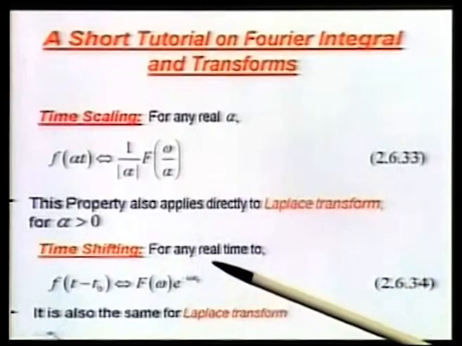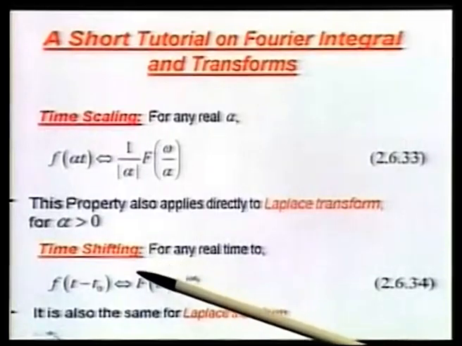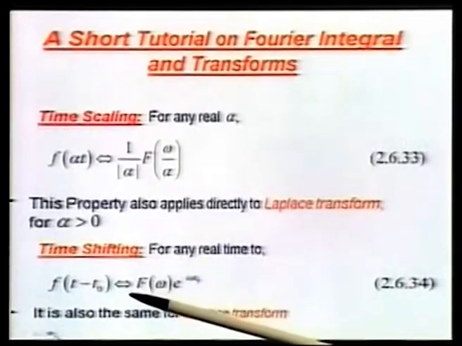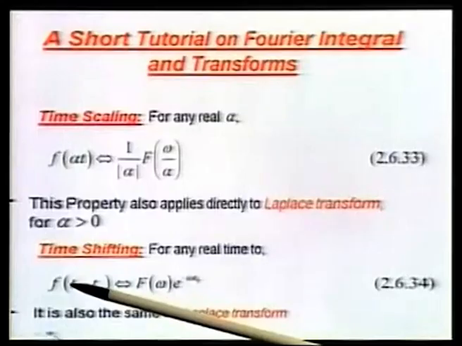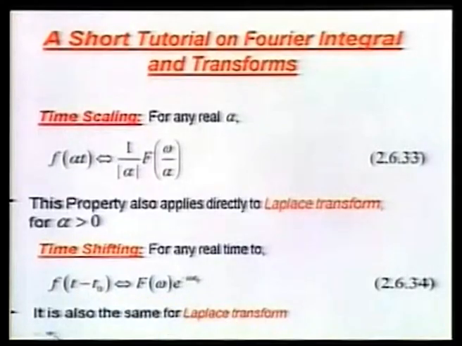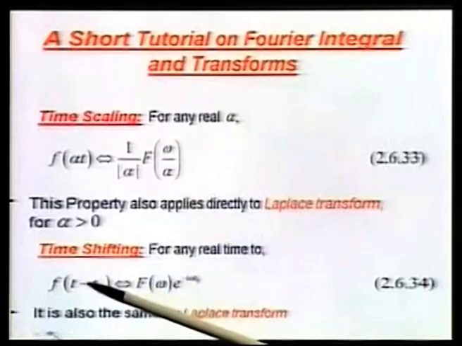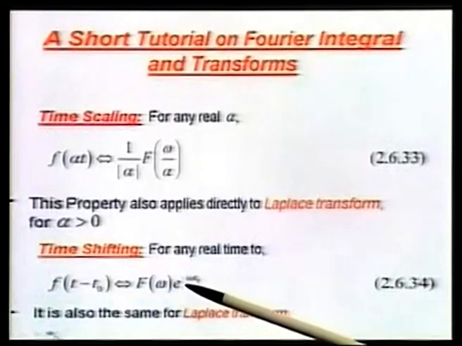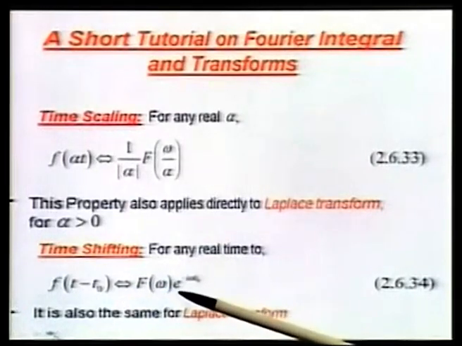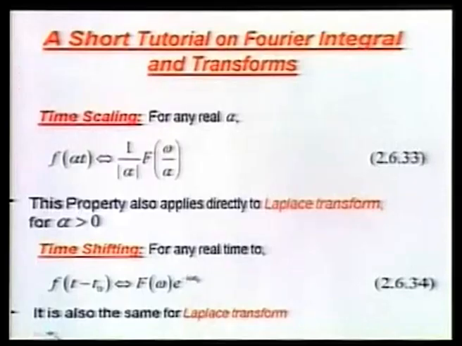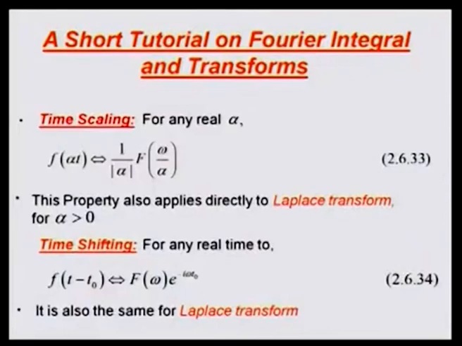Okay. Now, there are additional properties that you can also very clearly show, that if your time origin is shifted from 0 to t naught, then you will see that the corresponding transform is just simply multiplied by e to the power minus i omega t naught. It is that simple, and we will use some of these properties in the context of Laplace transform also. It remains valid there.